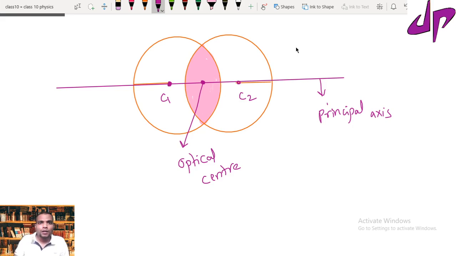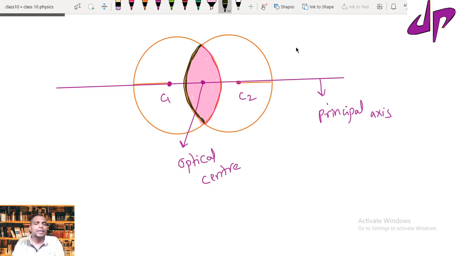Now this lens has two curvatures. One is this one, and another, opposite to that, is this one. Since it has two different curvatures, it should have two focuses.